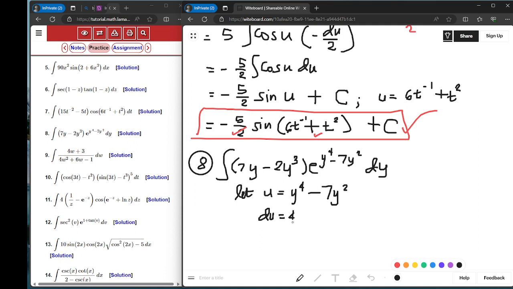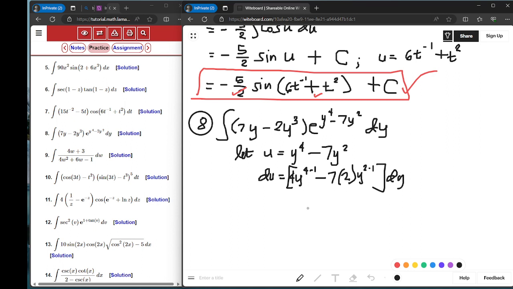We have 4y to the 4 minus 1 minus 7 times 2y to the power of 2 minus 1. We should not forget to write dy. This is now 4y cubed minus 14y, then write dy. So this is du.